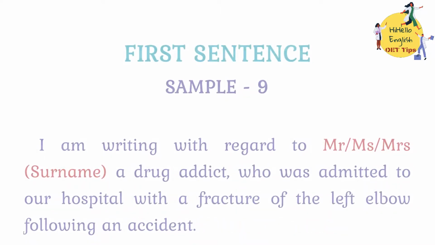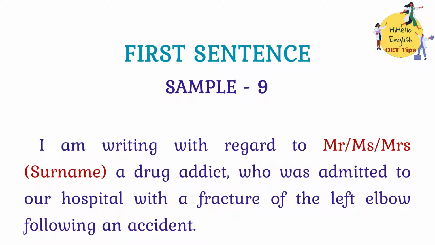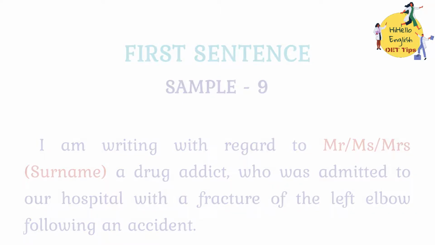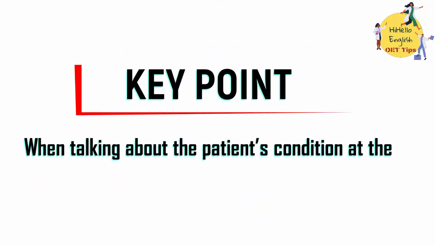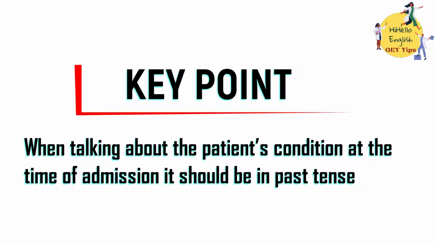I'm writing with regard to so-and-so, a drug addict who was admitted to a hospital with a fracture of the left elbow following an accident. The key point to remember here is that when you're talking about the patient's condition at the time of his or her admission, it should be in past tense.